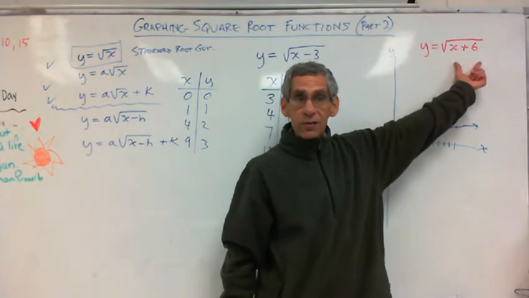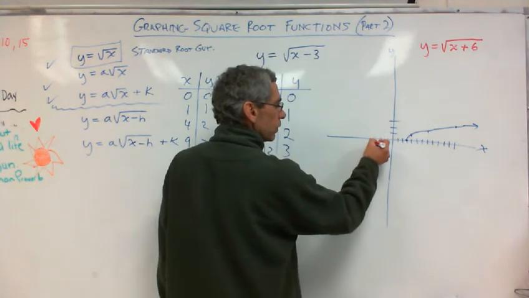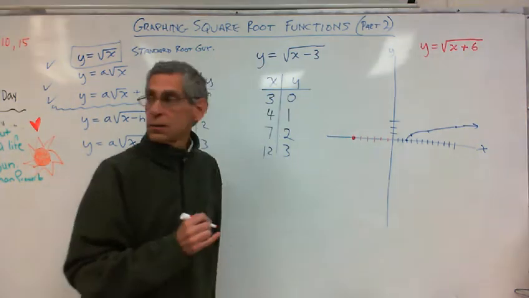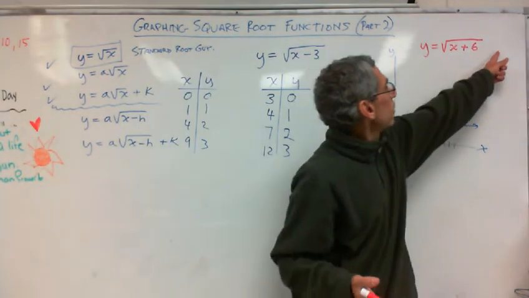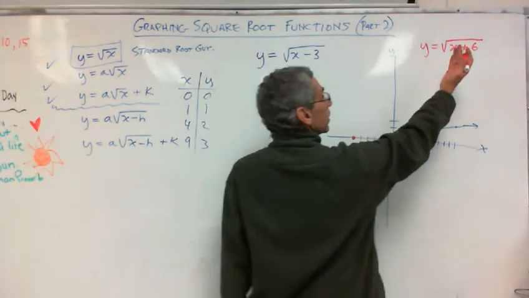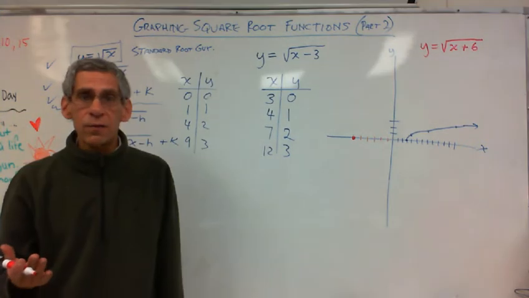X would have to be -6, right? So I'm going to go over here, 1, 2, 3, 4, 5, 6, and put a dot.